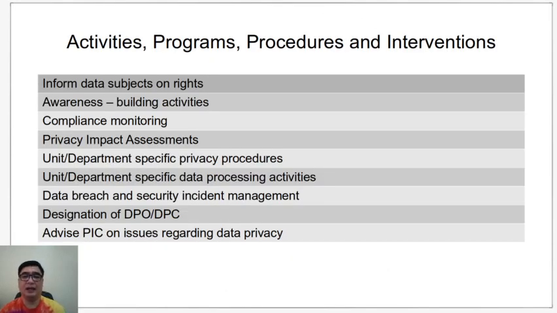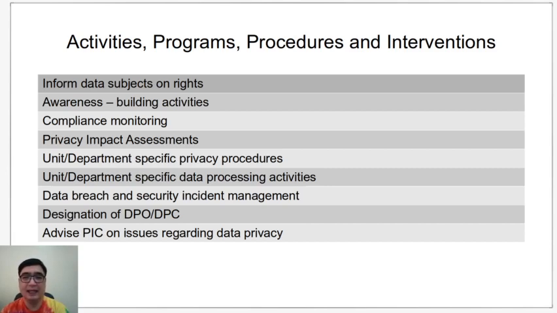So the APPI, as ranked in order of importance. In the earlier slide, you would see that I've ranked them from 1 to 9. So these activities are scattered throughout the old data privacy policy.